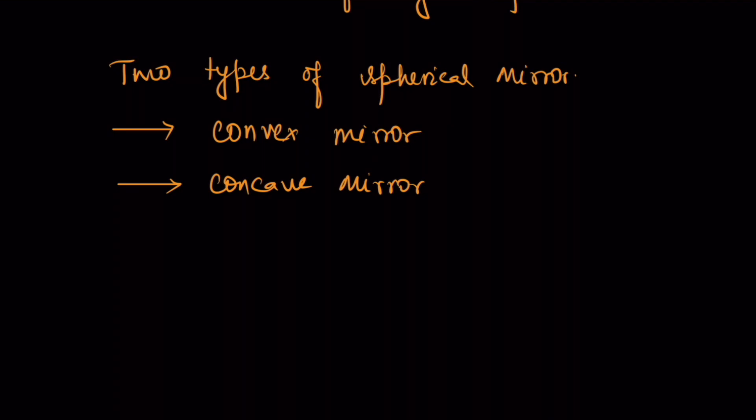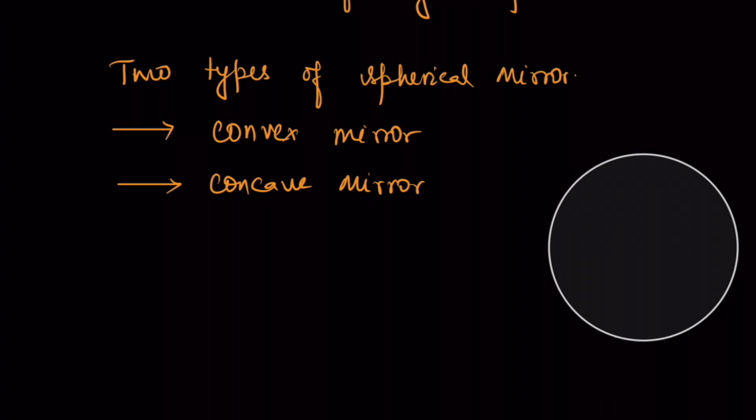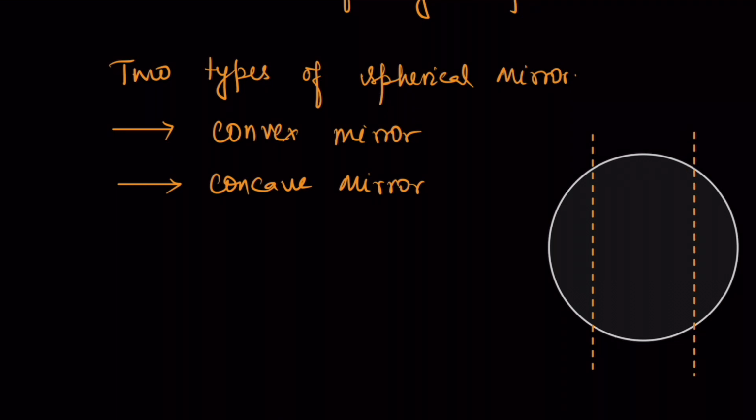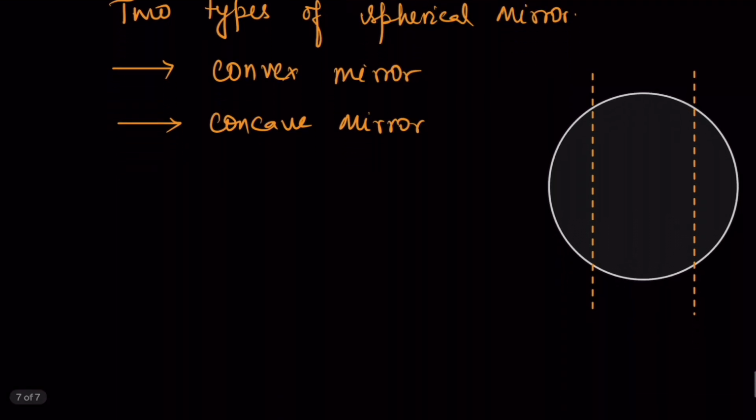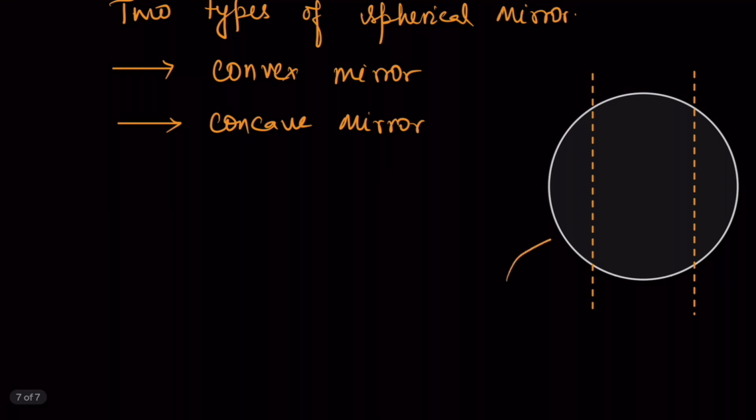Suppose if I take a sphere and cut this sphere into two parts. Let us name this first one as part 1 and the second one is part 2.